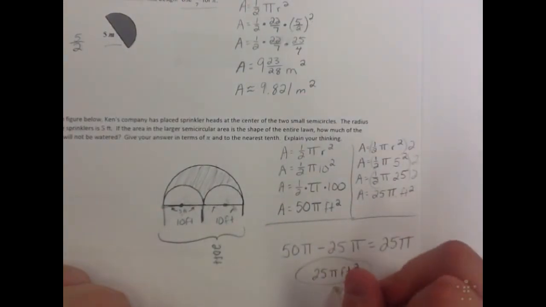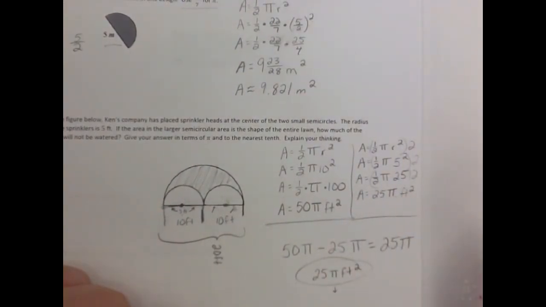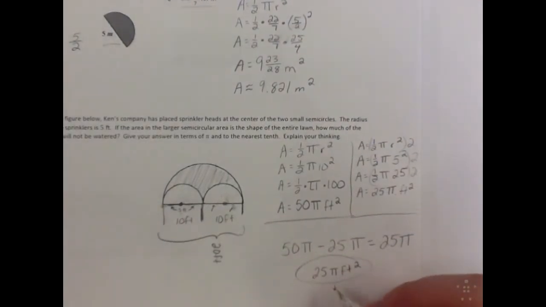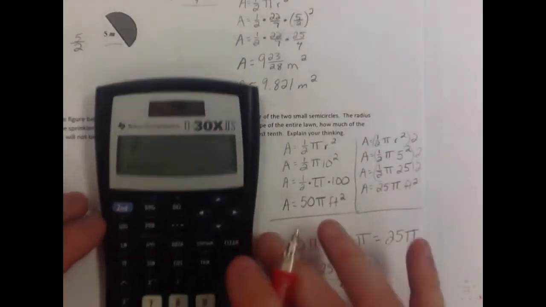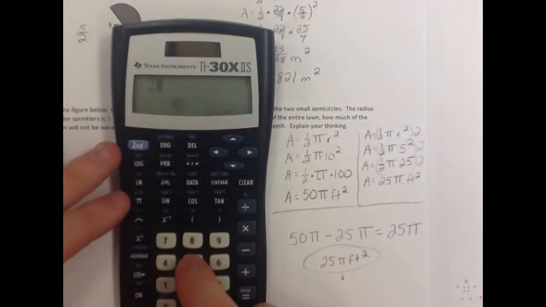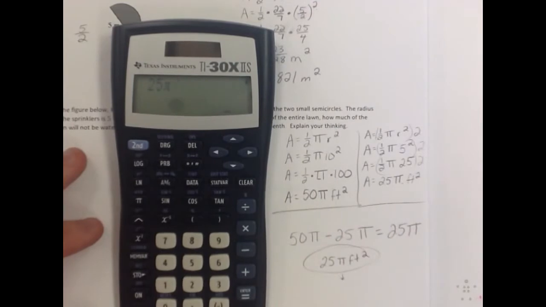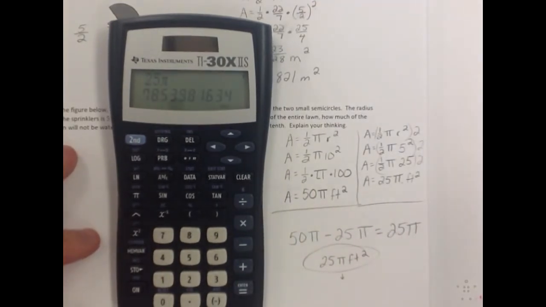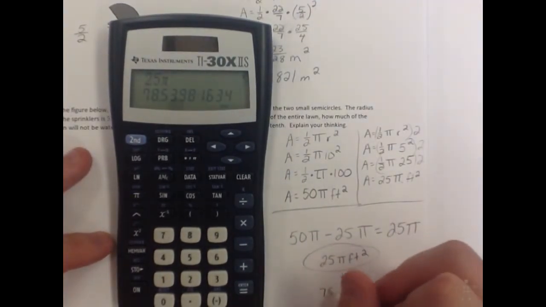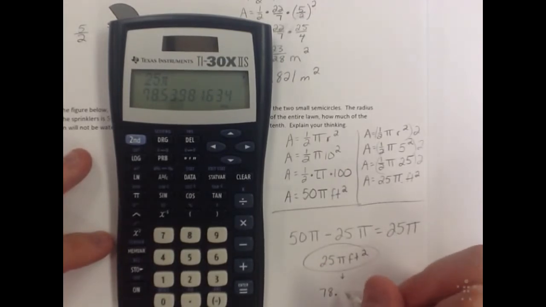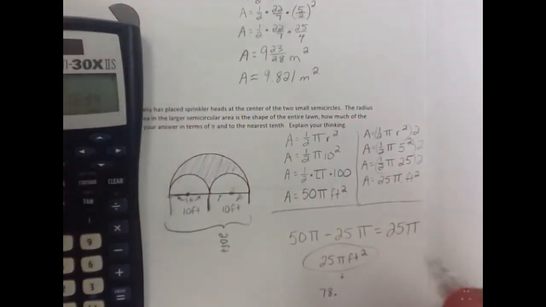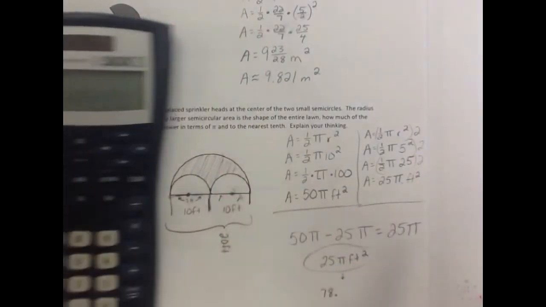Now we also need to give it in decimal form, so we'll need to use something for pi. If it doesn't tell us, we use the pi button on the calculator. We have 25 pi, hit equal, and we get 78.53. The directions say round to the nearest tenth.